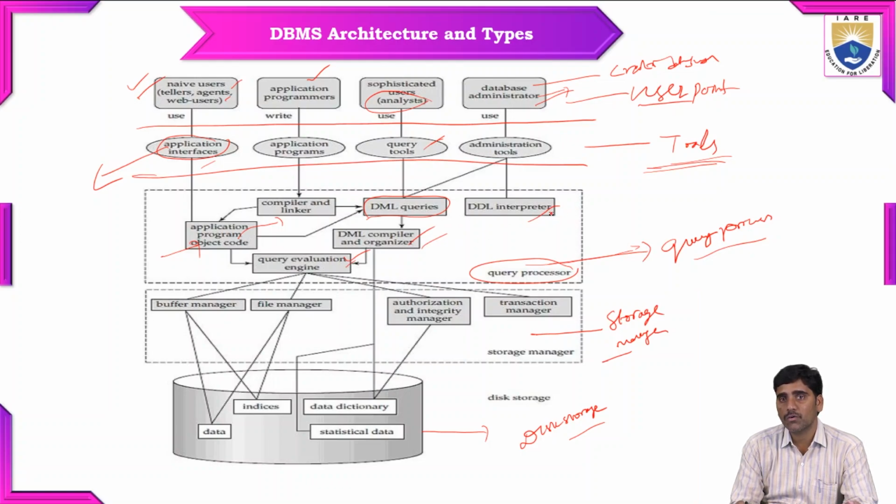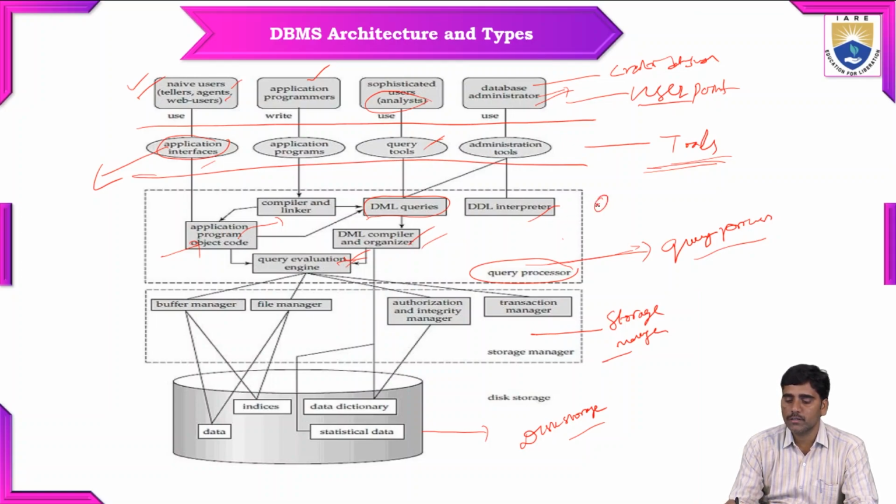With the help of all these query processing tools, the DML and DDL queries as well as the application program object code are processed and give a certain result. Here the query evaluation engine takes an important role in understanding the queries.